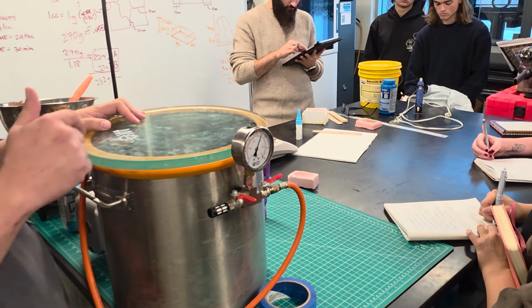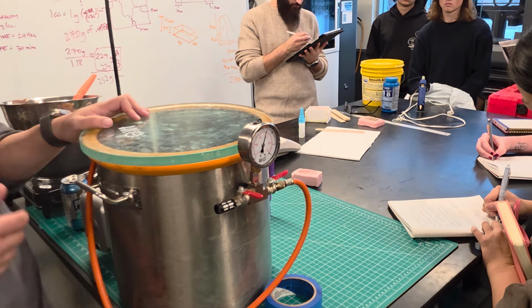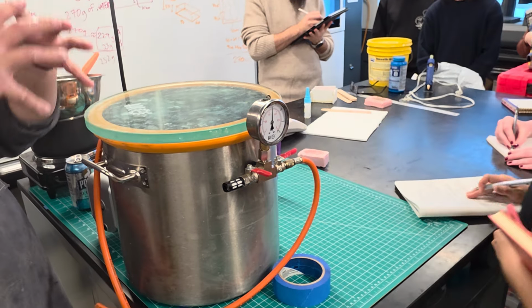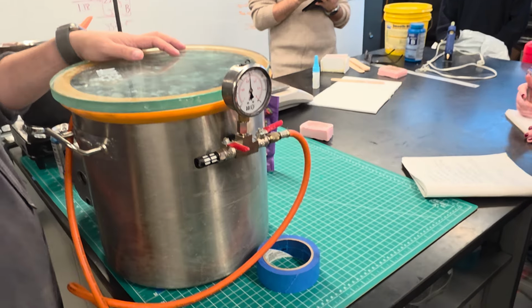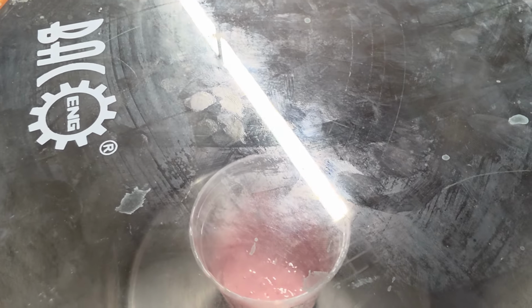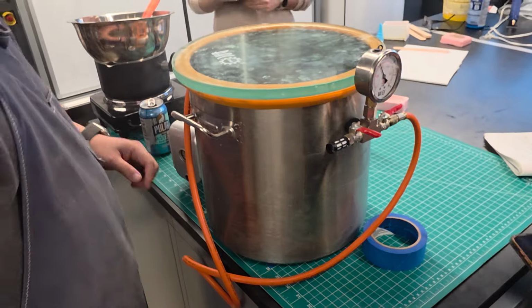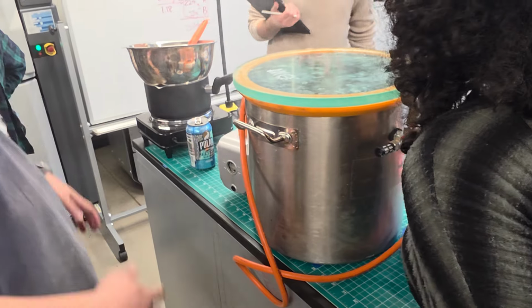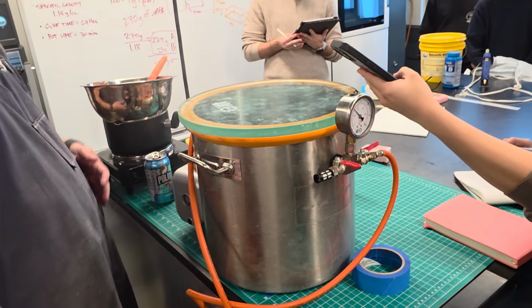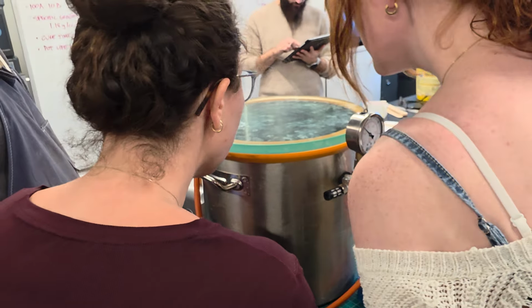And what I'm going to do is watch it. I'm watching for the bubbles to rise. If you look in here, you can actually see it starting to puff up like bread. And that's all the air being pulled out of the mixture.